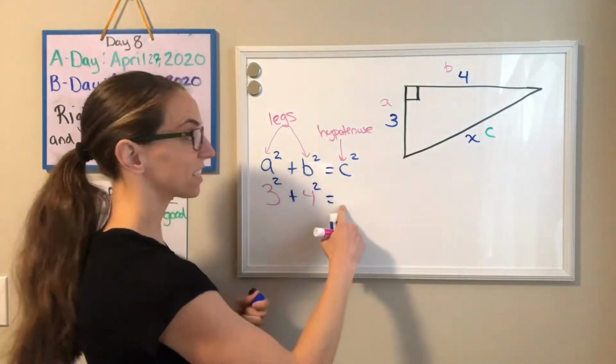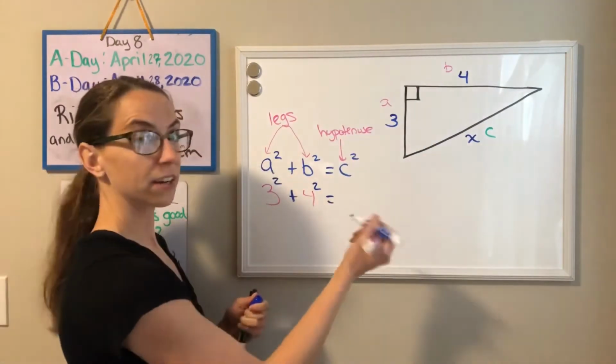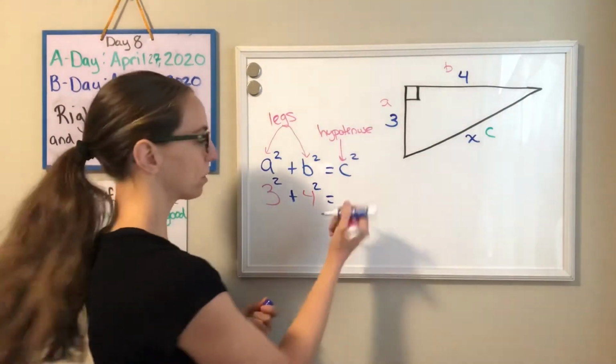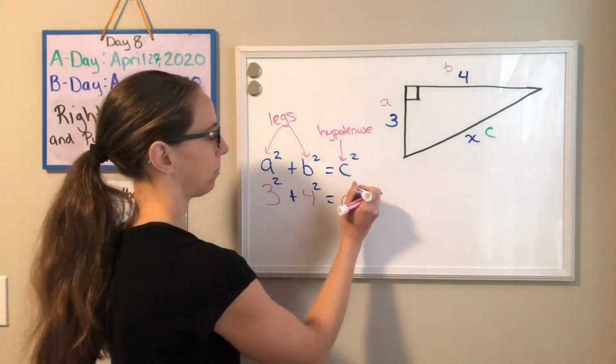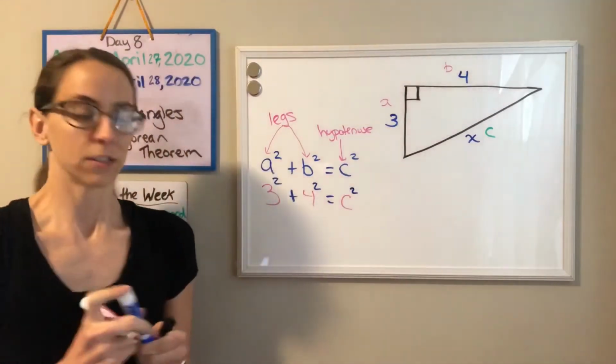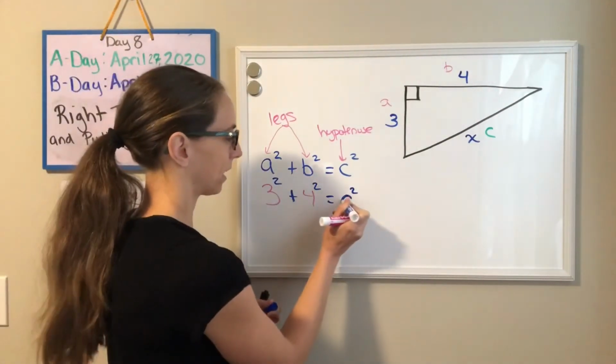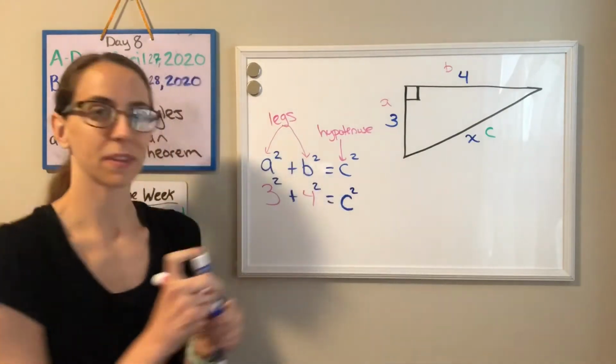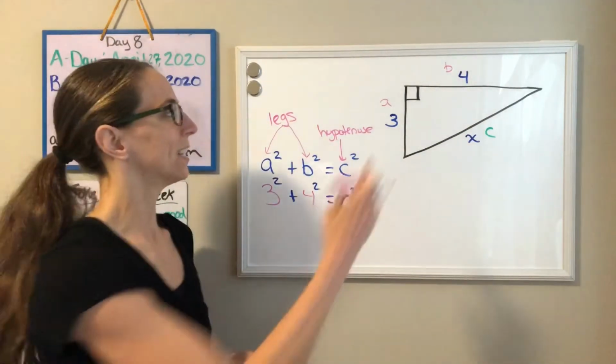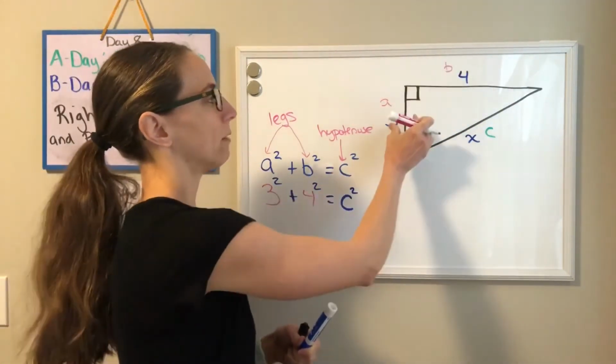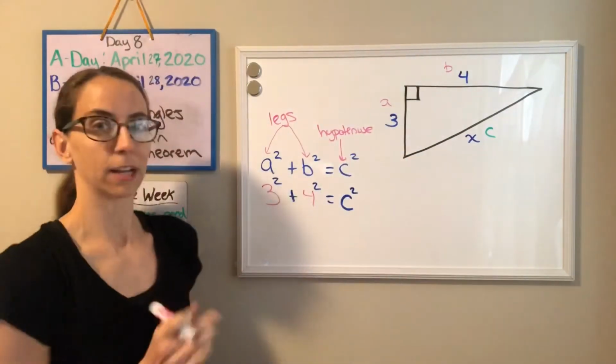So I could put x there, I could put c there. It's up to you what variable you choose. We'll keep it c squared just to keep it looking like what we have. And again, I wasn't able to plug anything in there, so we'll leave that as a blue c. So all I've done so far is substitute the values I have of my right triangle into my Pythagorean theorem.